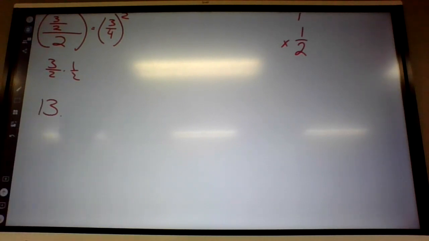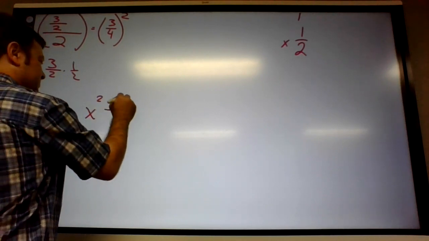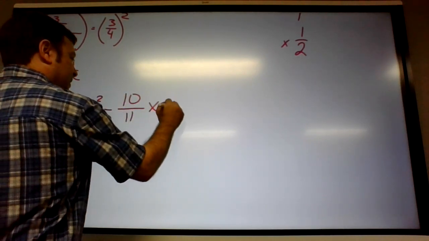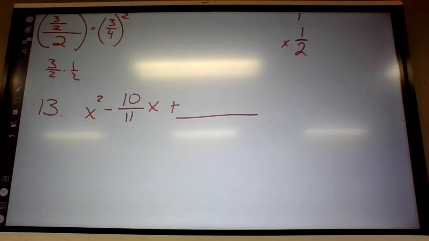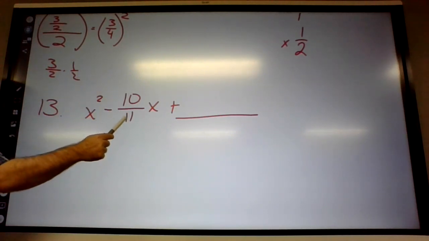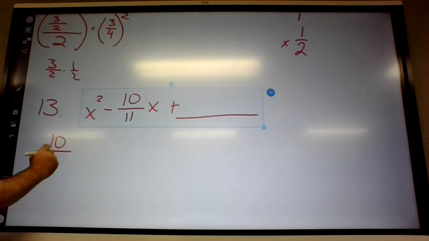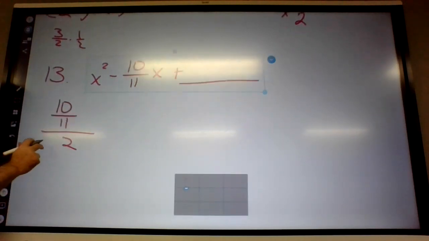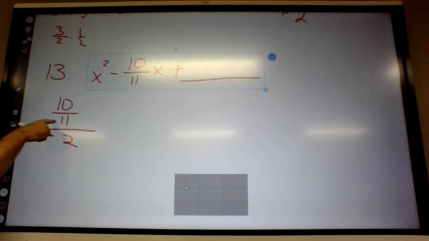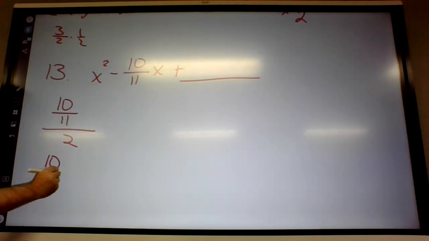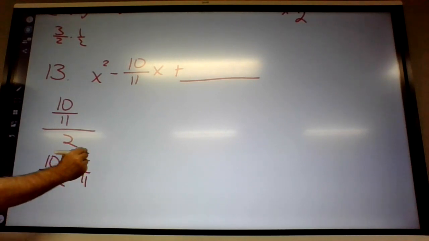X squared minus 10/11 x. This just gets uglier and uglier, doesn't it? Well, we're almost through this section. Alright, so do you guys remember what I said dividing by 2 does? It basically just multiplies the denominator by 2. So 10/11 divided by 2 is going to be 10 over 22, which would reduce, if you divide those by 2, to 5/11.